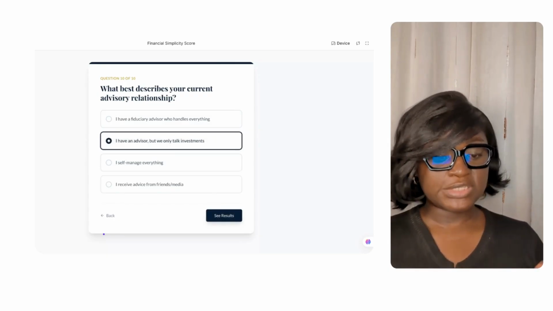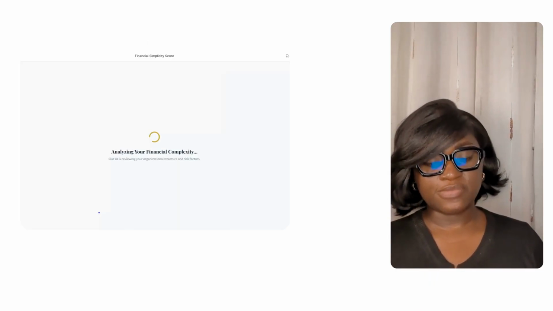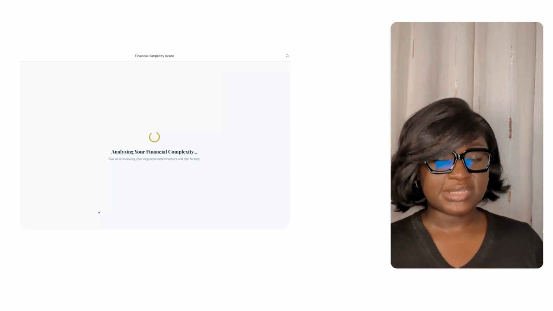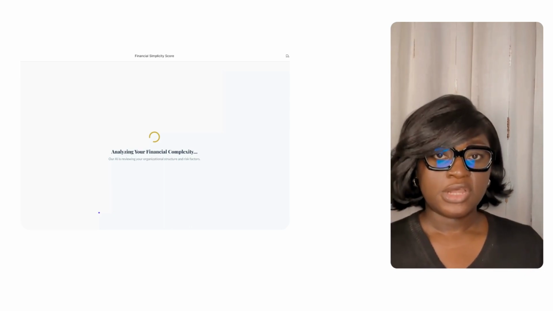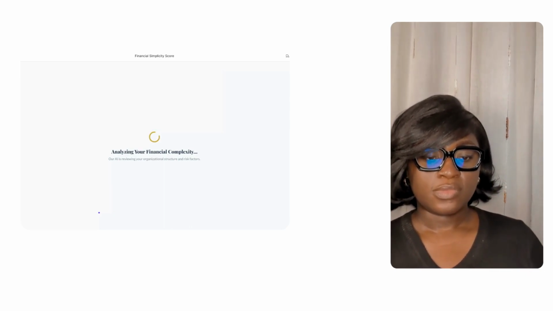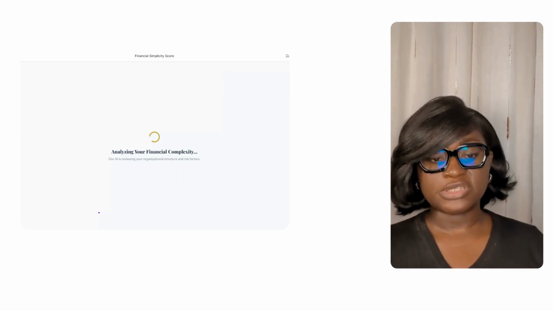So let's see. It's analyzing all the input, everything I inputted, and then it's going to give me an analysis based on that. And that's one of the things I spoke about when talking about interactive lead magnets. It also requires the target audience to be actively involved in using the lead magnet and getting the result, a personalized result.